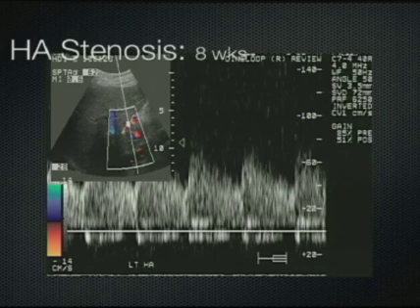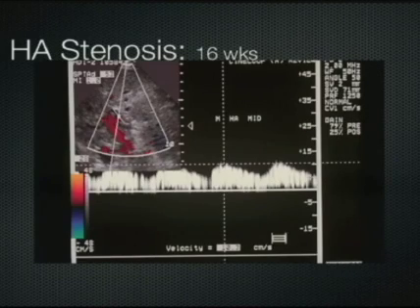There is spectral broadening indicating turbulence, and the ratio of systolic to diastolic amplitude indicates decreased peripheral resistance. At 16 weeks, we see delayed systolic acceleration and a very low amplitude waveform, a classic tardus parvus waveform. These are all changes associated with significant and progressive hepatic artery stenosis.